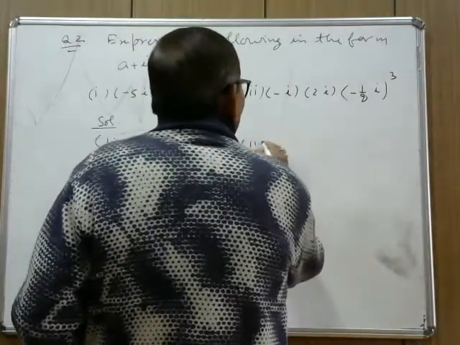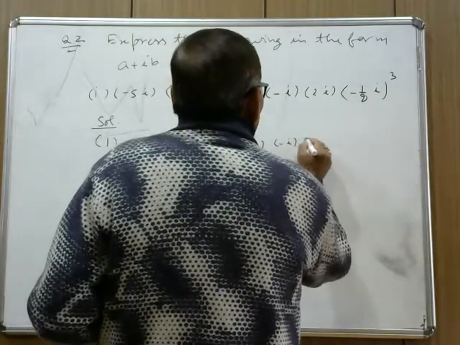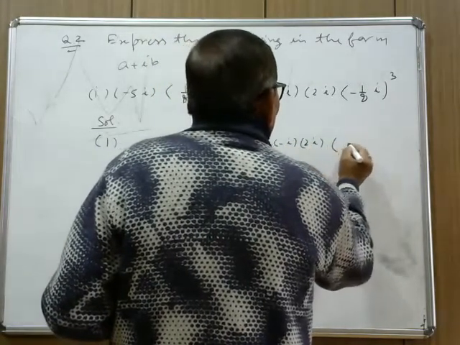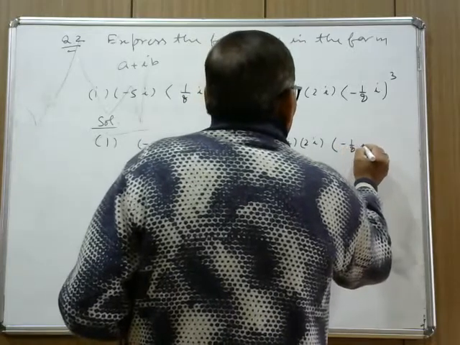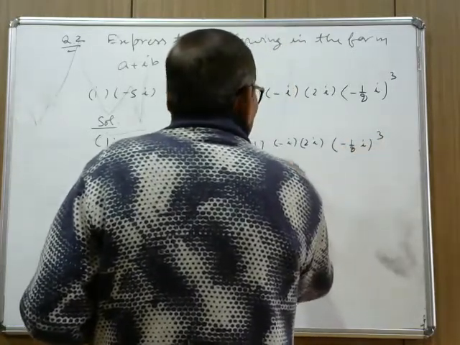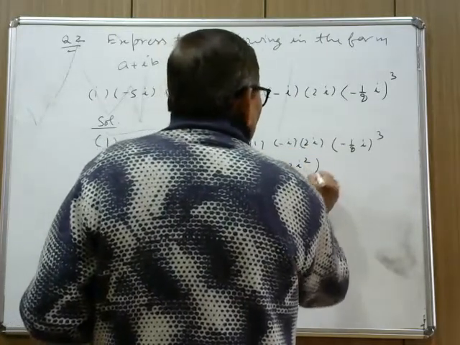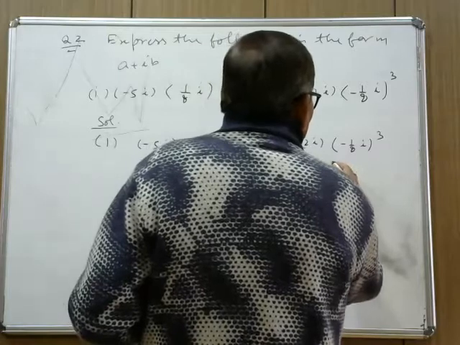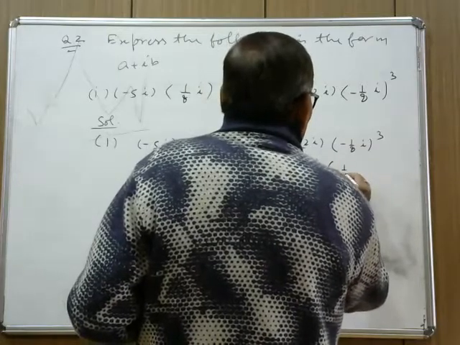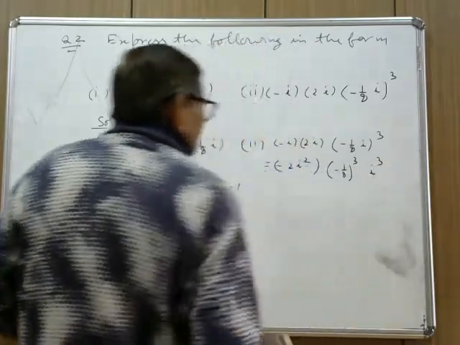In the second, this is minus i into 2i multiplied by minus 1 by 8i cube. So that is equal to minus i into 2i is minus 2i square. And here, minus 1 by 8 to the power 3 into i to the power 3.